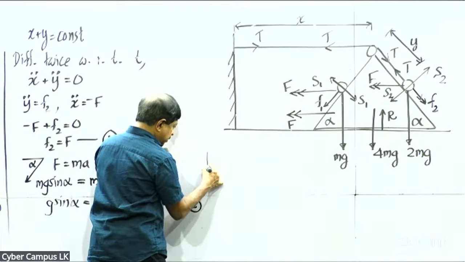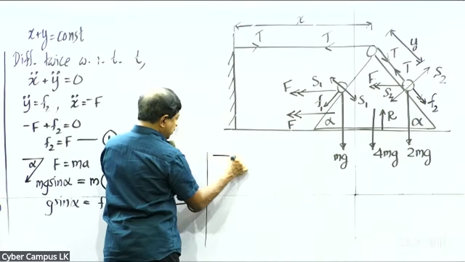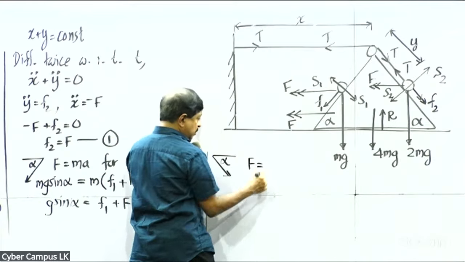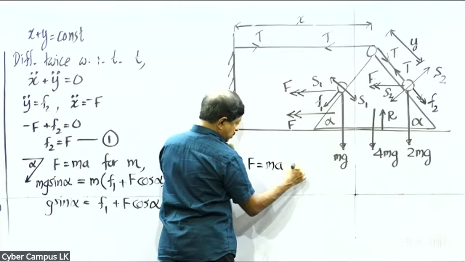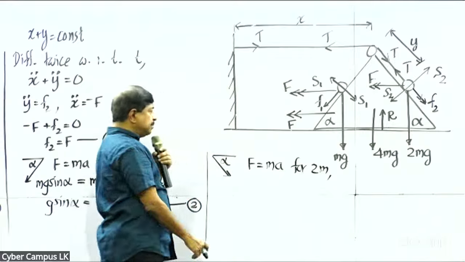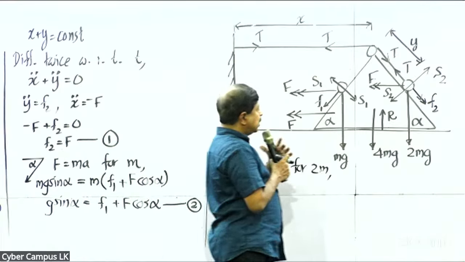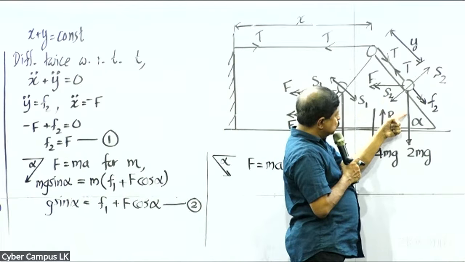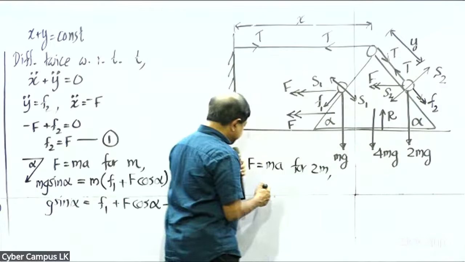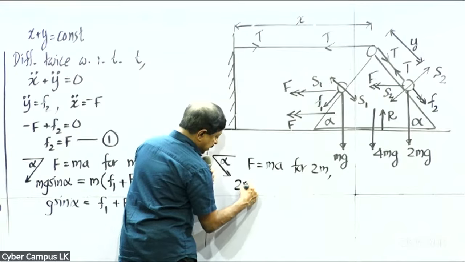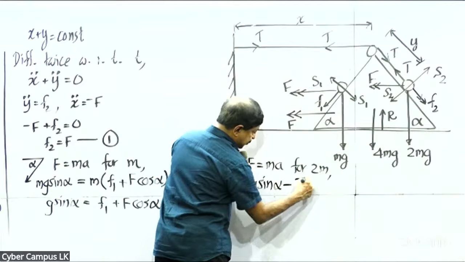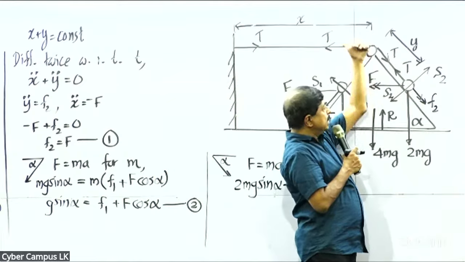So I'll do it here. Two M. Then again the same thing. 2mg sin alpha, because 2mg cos(90 minus alpha) is 2mg sin alpha, minus T. Tension is in the other direction.